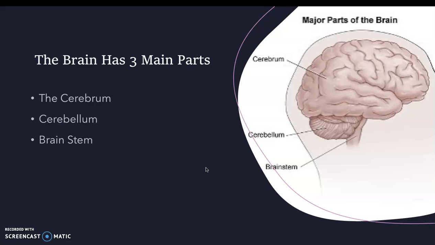The functions of this area include movement of the eye and mouth, relaying sensory messages such as heat and pain, respiration, consciousness, cardiac functions, sneezing, coughing, vomiting, and swallowing. And these 3 would be the 3 major parts of the brain, and those were their functions.